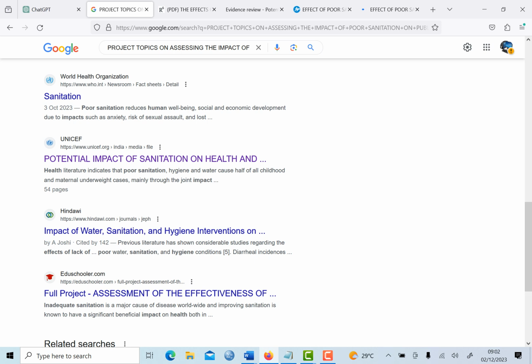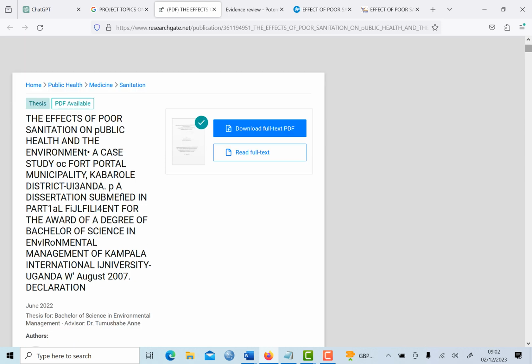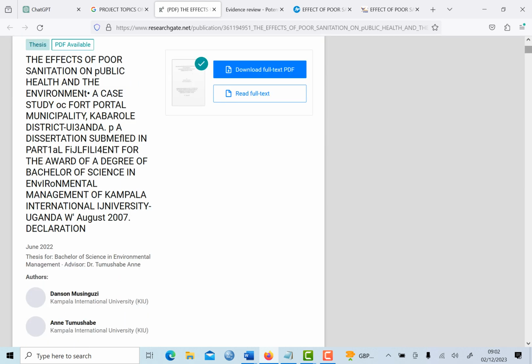I think UNICEF wrote something on this. So let's check what we have opened so far. I think this is the effects of poor sanitation on public health and the environment. So let's check what these are for us.